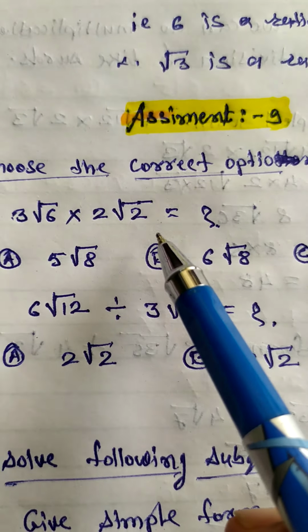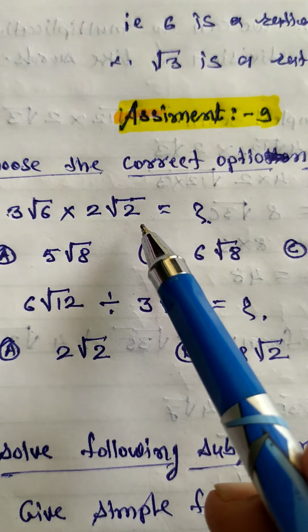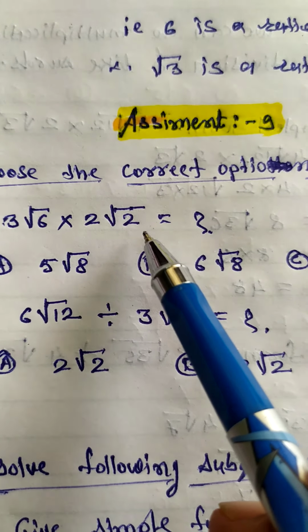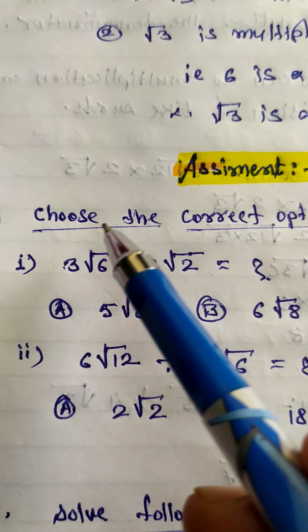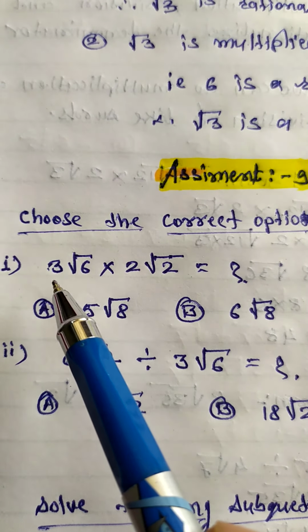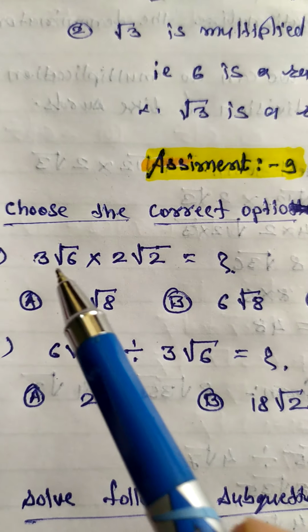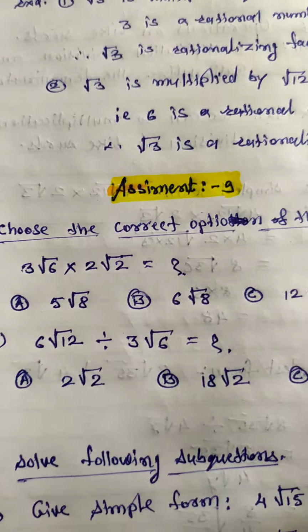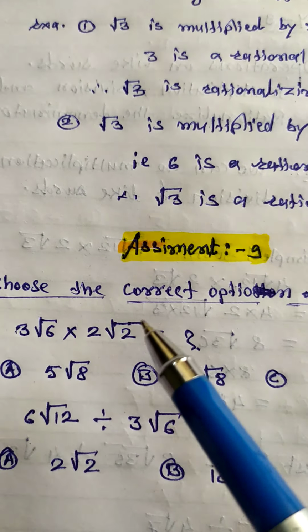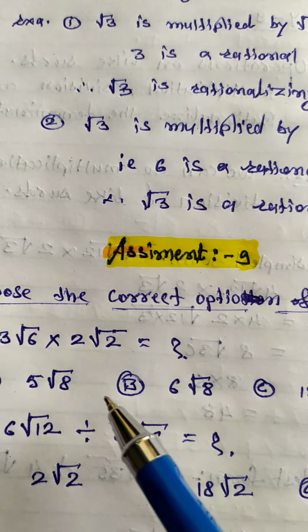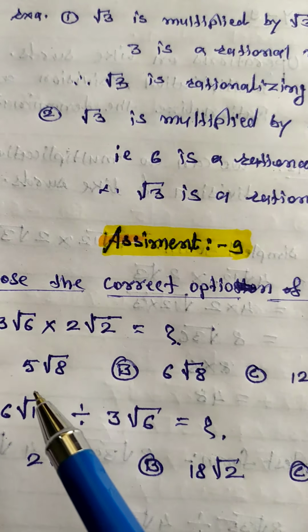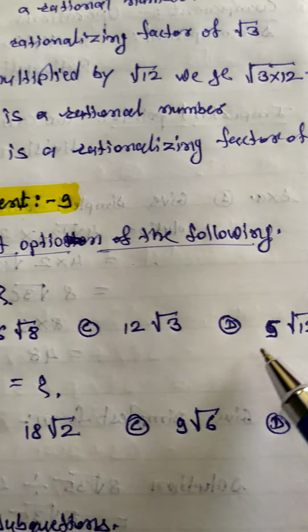Again 12 means 4 threes are 12, so 2 comes outside. So 3 into 2 into 2 is 12, and in the root only 3. In this way you have to choose the correct option from this.